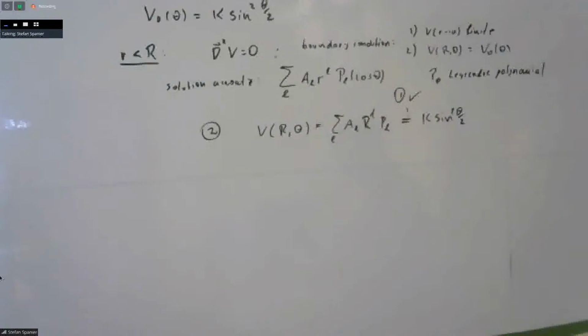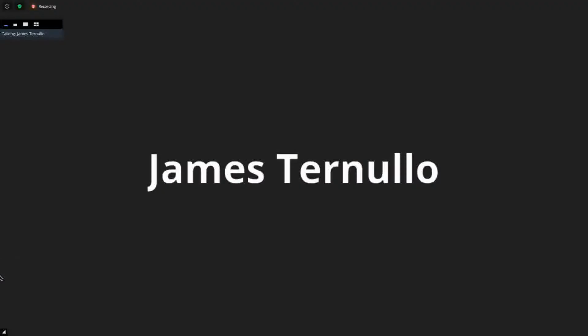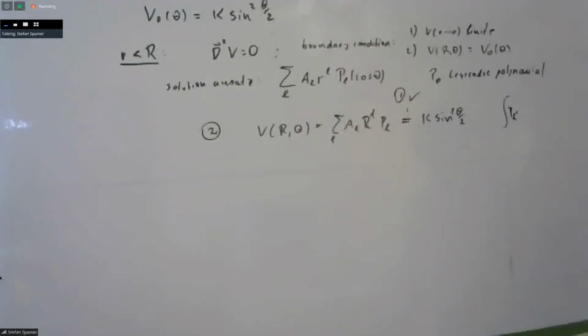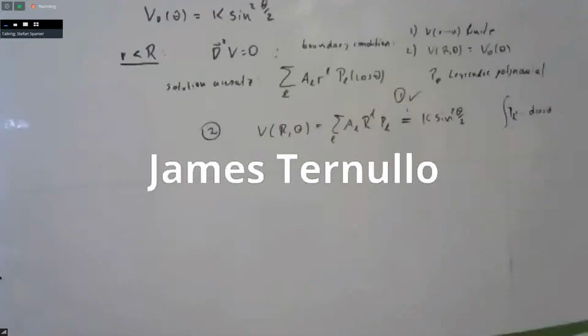What's the next step? You want to find the coefficients A, Isabel? Yes. And how do I do this? You would want to integrate and multiply by another orthogonal Legendre polynomial. And the orthogonality property would give you the ability to use K sine squared theta over 2 to find the A's.